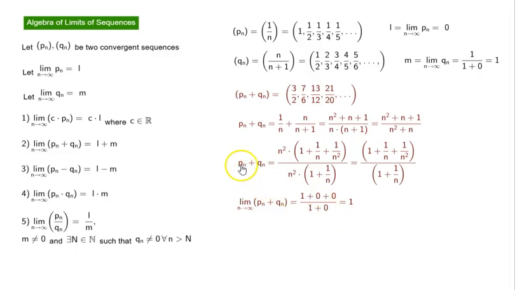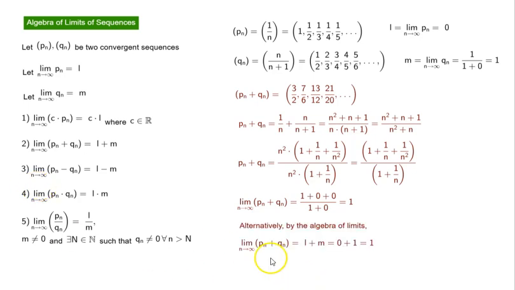Now, when we take the limit as n goes to infinity of p sub n plus q sub n, we get 1 plus this is 0 plus this is again 0, divided by 1 plus this is 0. So we get 1. Instead of doing all this drama, what we could have done was use the algebra of limits.